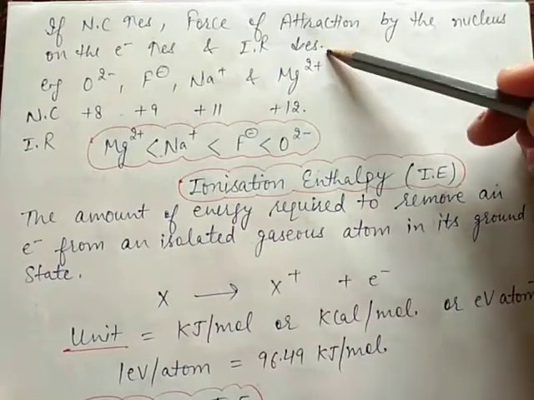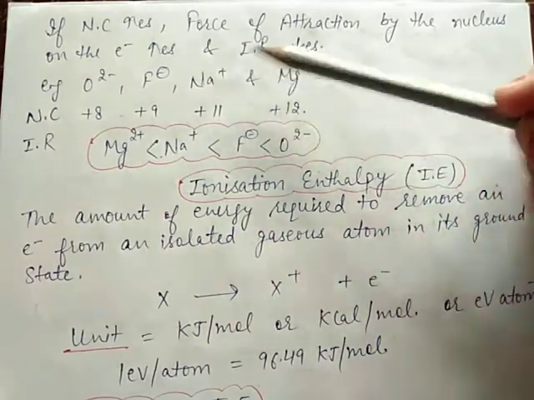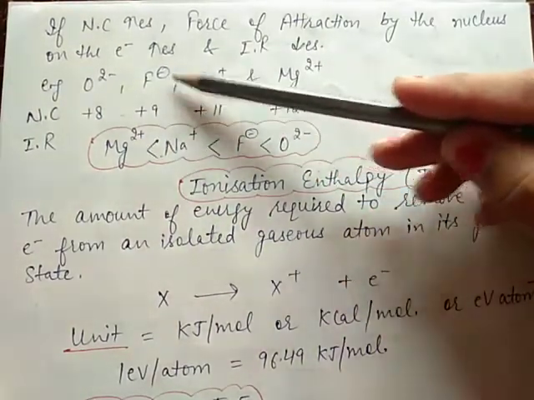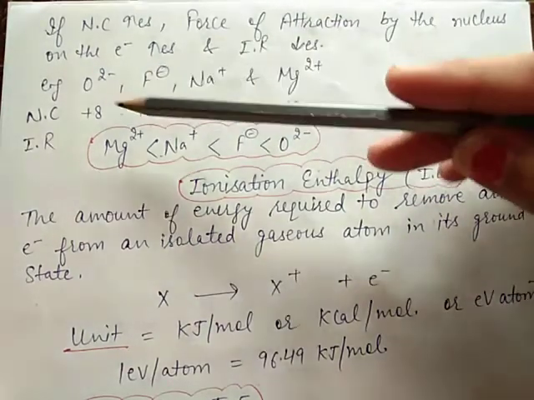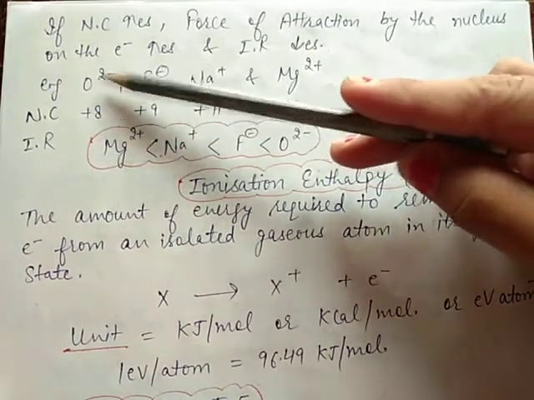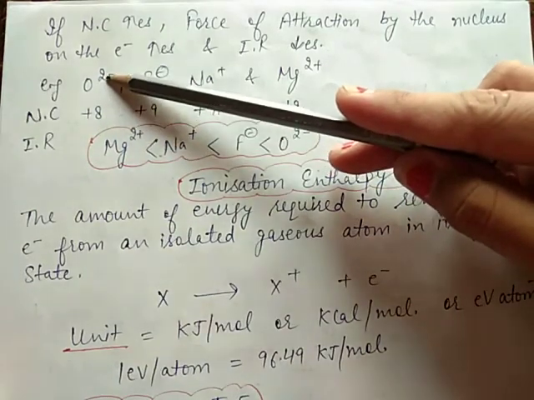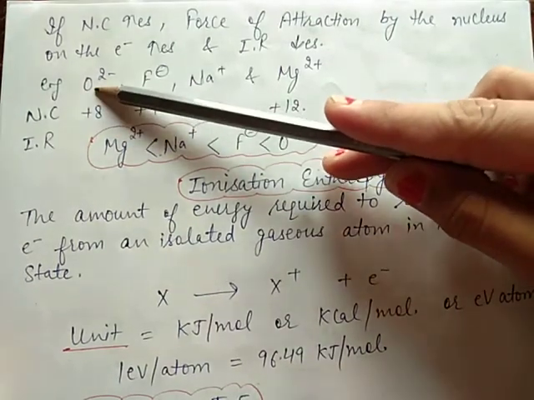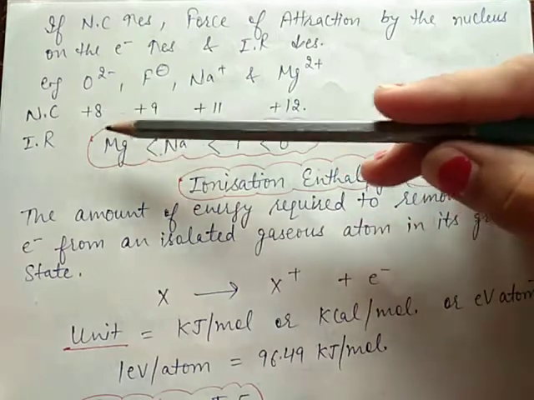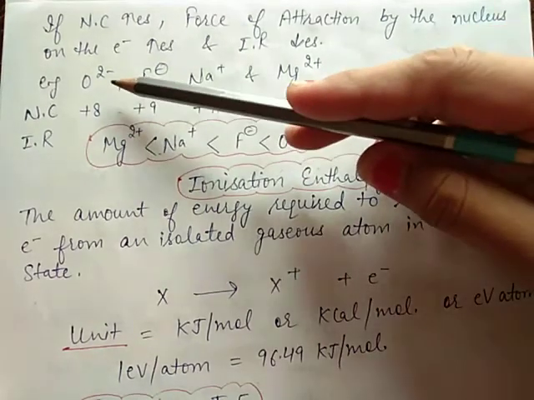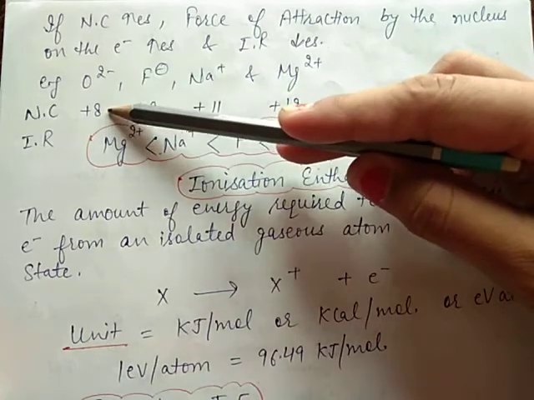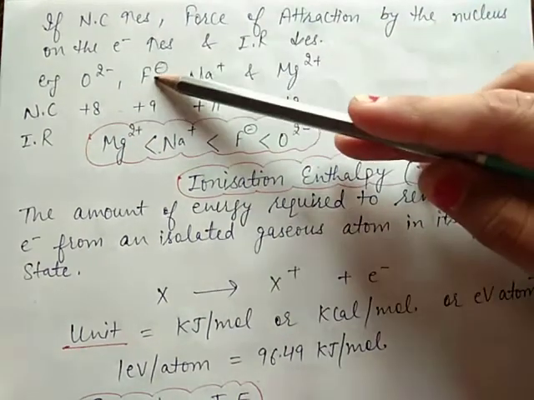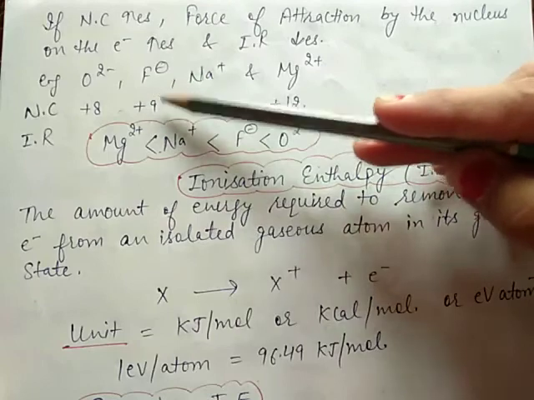This is the example: O2 minus, F minus, Na plus, Mg2 plus. Nuclear charge here: O2 minus means oxygen atom having atomic number 8, and minus 2 charge means 2 electrons added, so the nuclear charge is plus 8.